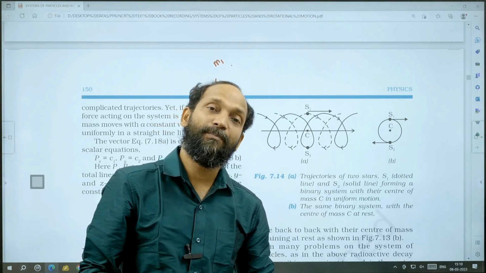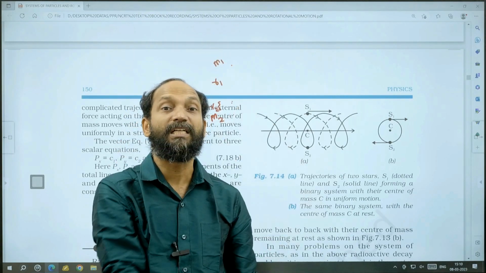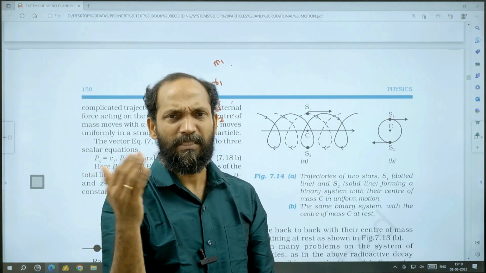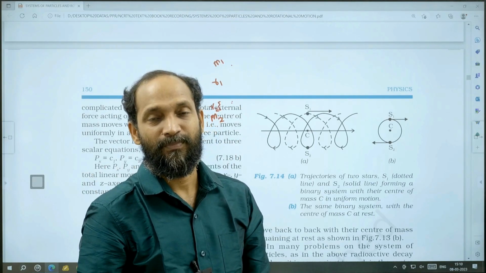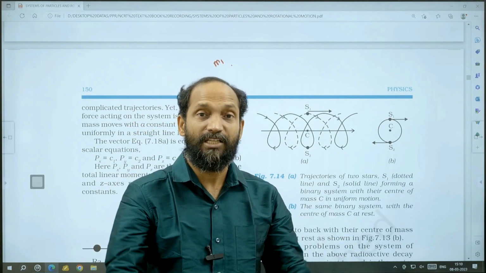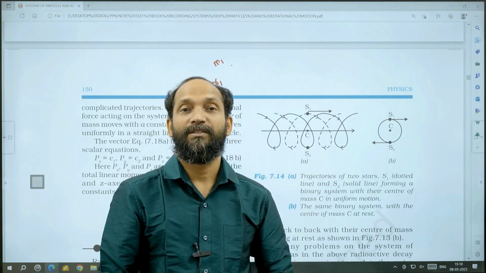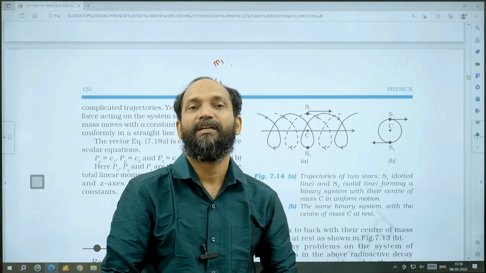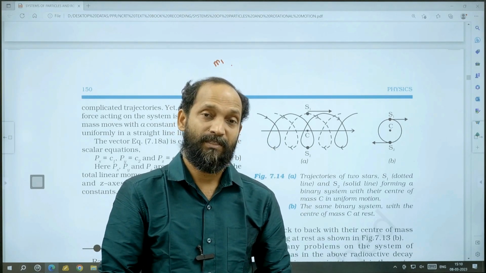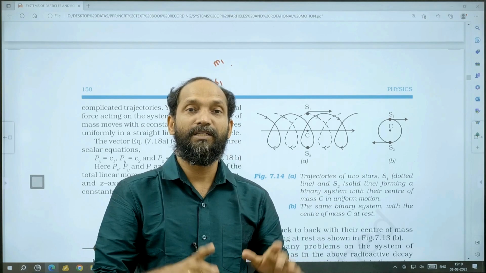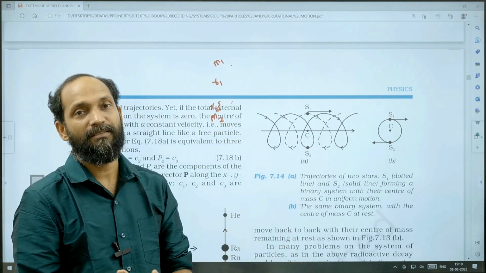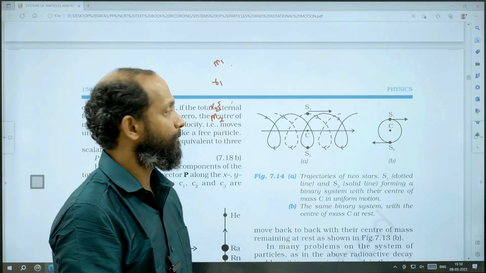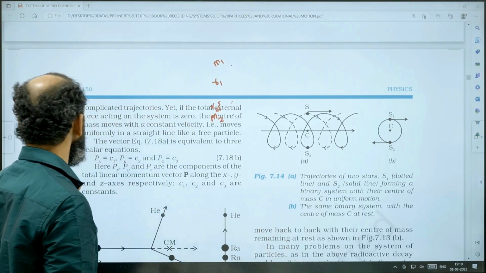Then you see the path of the stars to be a circle, not a helix. A circle is much easier than a helix. A helix is 3-dimensional, a circle is 2-dimensional. So the C frame helped you in reducing the number of variables used for describing the trajectory of the particles. That's the advantage of the C frame.